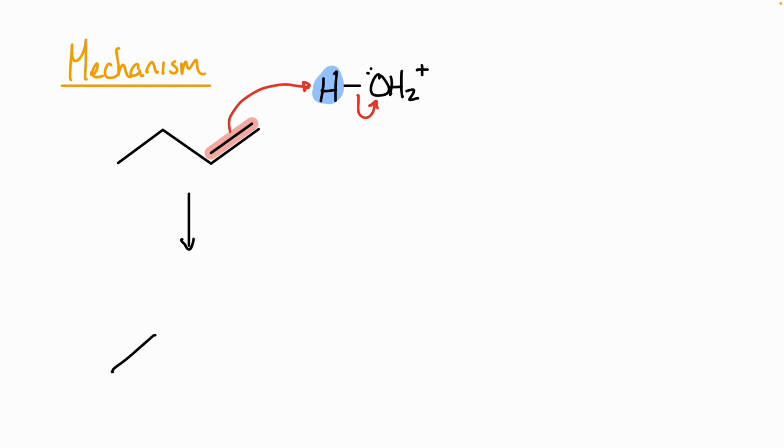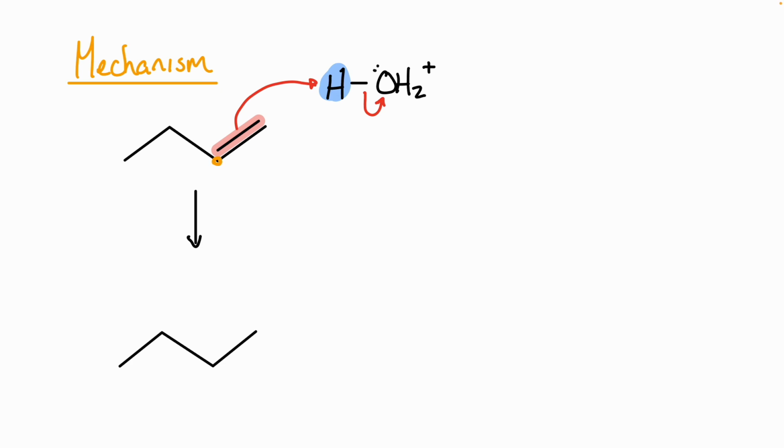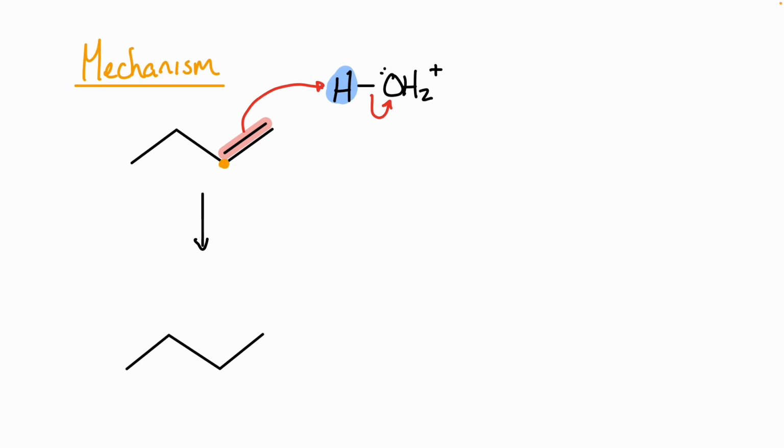All right, so I have my 4 carbons. All right, that double bond is gone. I have a new bond with hydrogen. But the question is, which hydrogen, or which carbon rather, is hydrogen going to go on? The orange or the green? All right, which side of the double bond accepts that hydrogen?